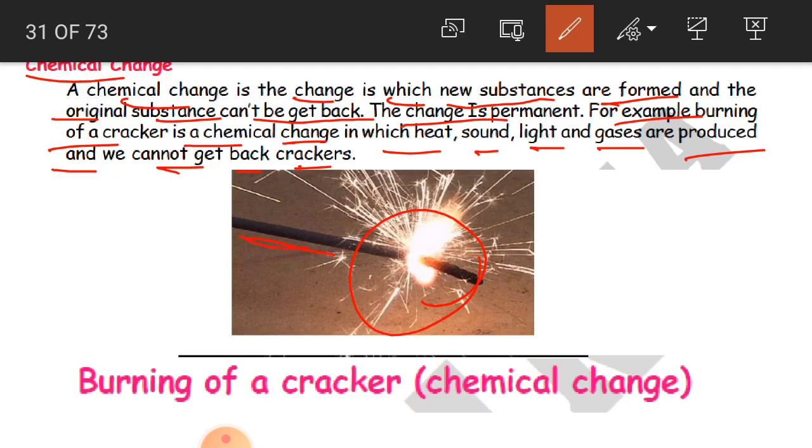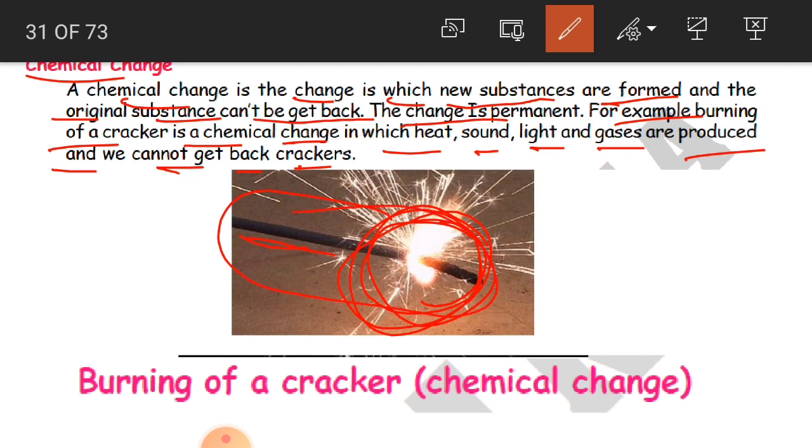You will get heat, sound, light and gases. And it is going to get burnt, and you will not get this cracker back again. Clear, children?